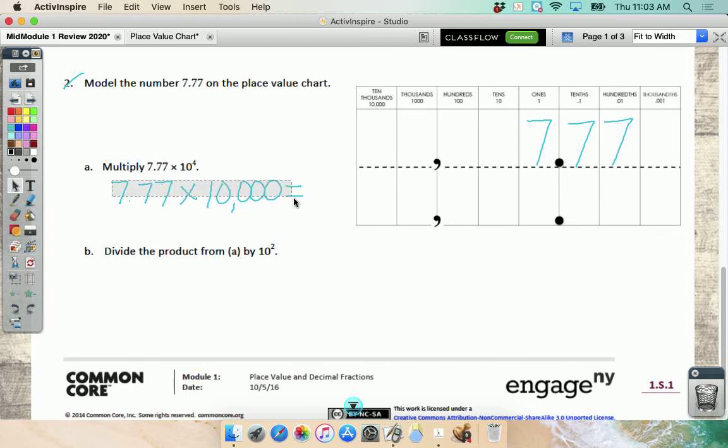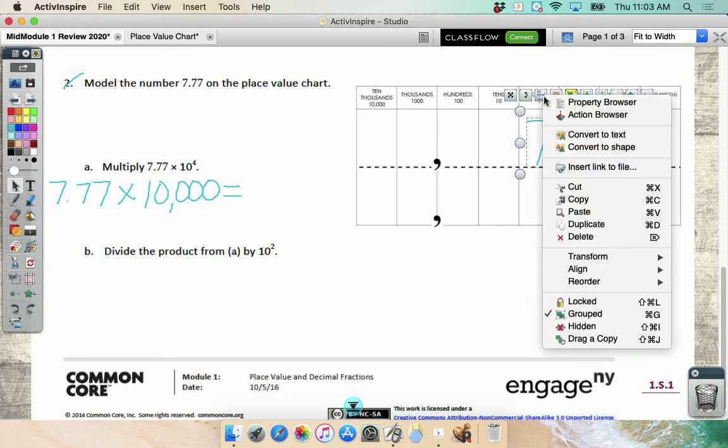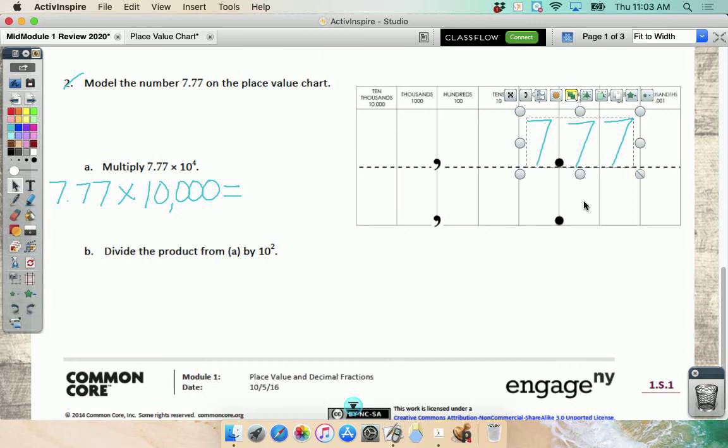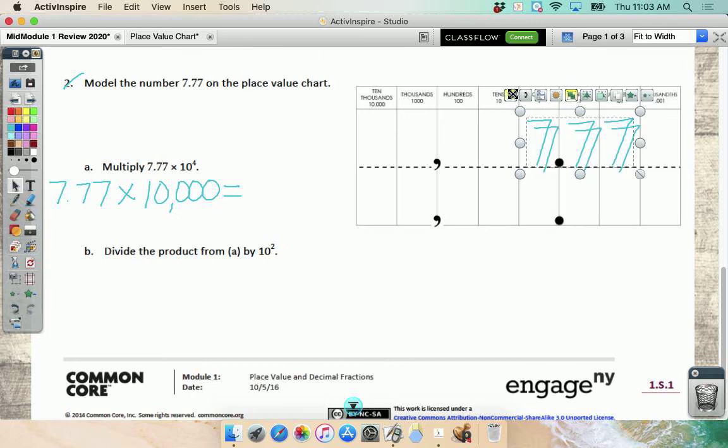I want to see if I can move that over. Show that on the place value chart. So, do you remember? Oh, it's not going to let me. Well, it might. Copy paste, right? I just did the first digit, but it's okay.